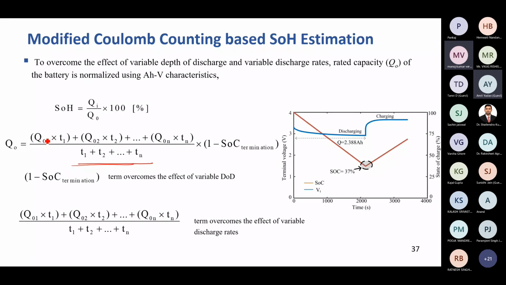Then we can find the charge from T0 to T1. We modified the algorithm so that we can get a more accurate estimation, also taking SOC into account to get the Q naught value, which is used to find the accurate value of SOH.